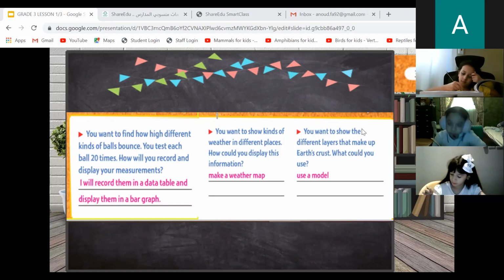To show these Earth layers, do you know what we did? We used clay or Play-Doh. We used Play-Doh and many colors of it to show what the layers are, okay? So we used a model. All these can help us to display data. Okay, guys?